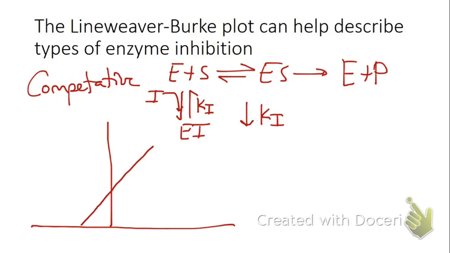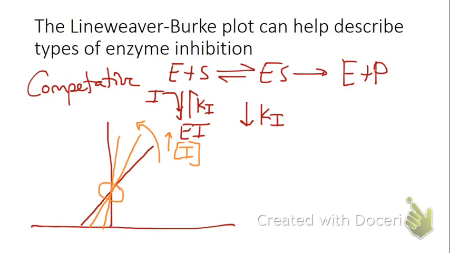As we go up, we're increasing inhibitor. What's very important is to look at what happens to the Km and to the Vmax.